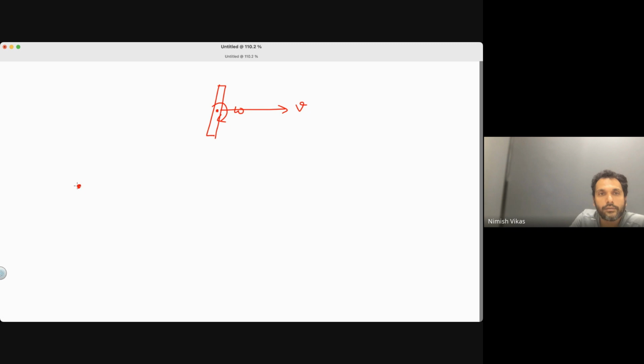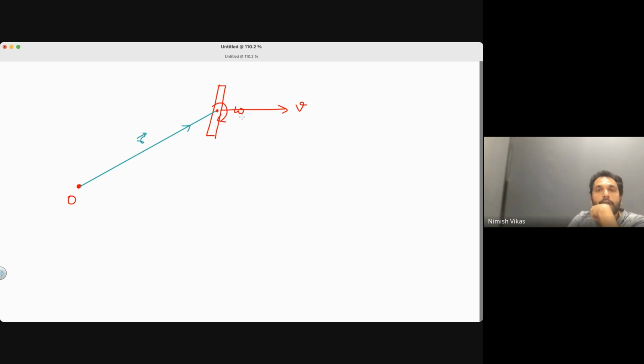And you have a certain point from where you want to study the angular momentum. This distance is r. So we call from O to the center of mass as r vector. From O to the center of mass, not the other way around.